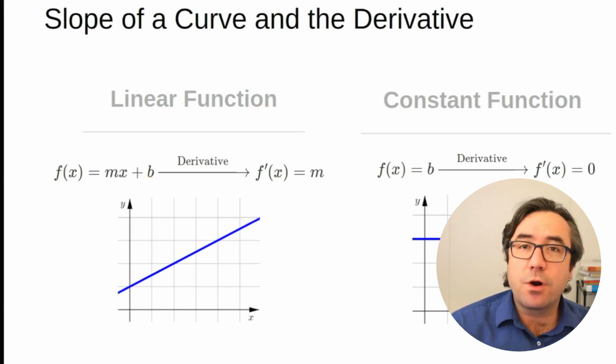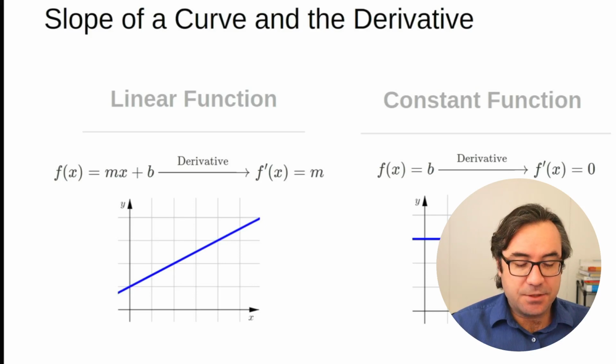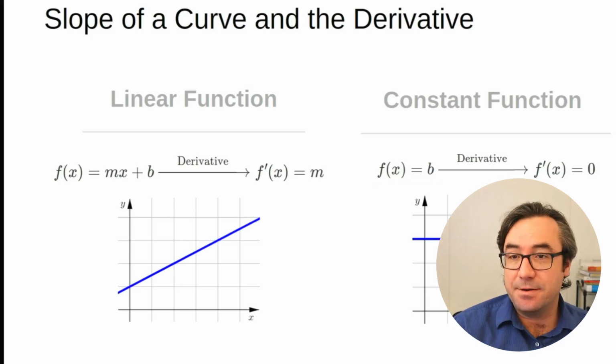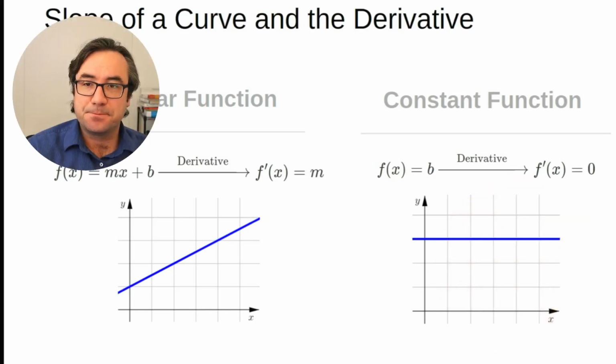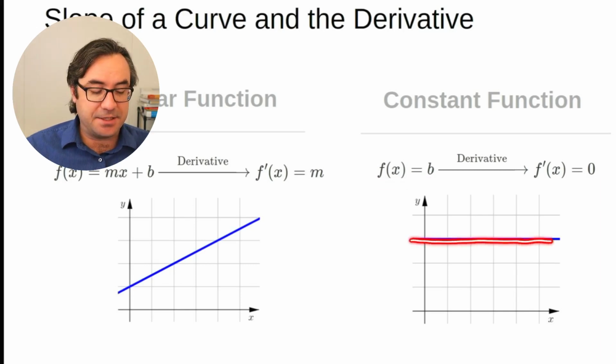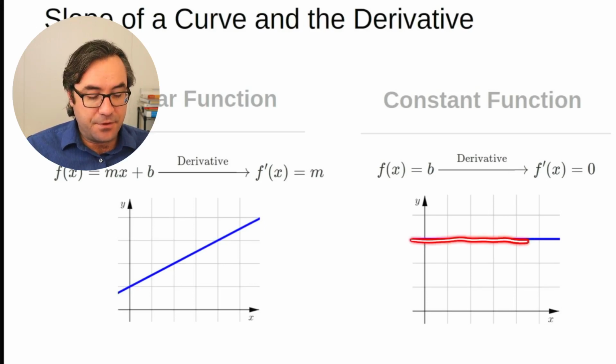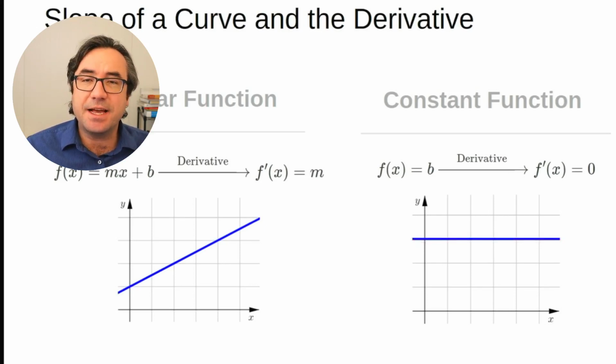Even more of a special case is what happens if we have our function equal to b, a constant b. In this case, our derivative is a constant function, so it's just flat. It's horizontal like this. Again, we want to think of the derivative as telling us what the slope of the curve is.